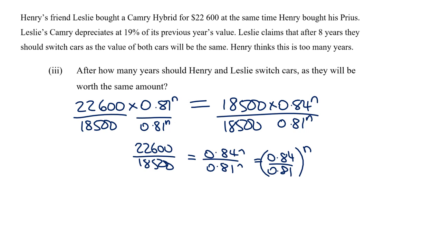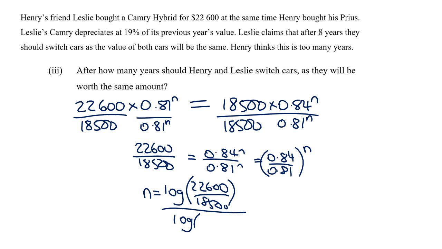Which, if you think about it, is a much harder version of the very first one. So you're going to say n is now the log of 2,600 divided by 18,500, all over the log of 0.84 over 0.81. Put in the calculator, press equals, gives you an answer of 5.504 years.